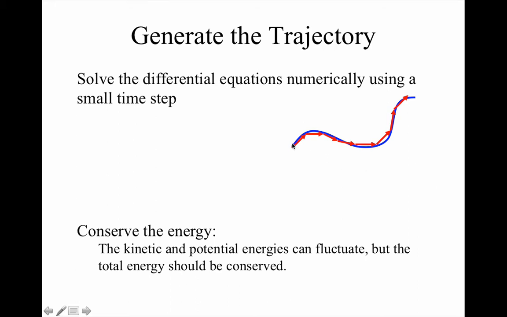So instead of having the blue line here, which would represent the analytical solution to the system, we have a discretization of this blue line into small time steps delta t, where in each of these time steps we recalculate the force on each atom in our system. Thereby we know the acceleration, and then we can use an updating scheme in order to predict the new position of the given atom.